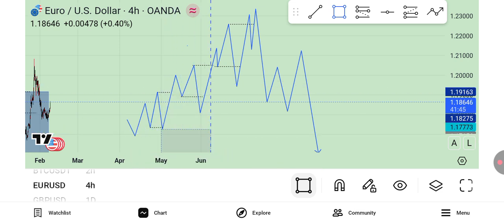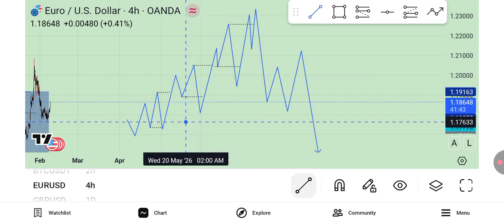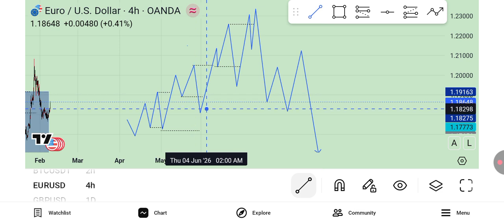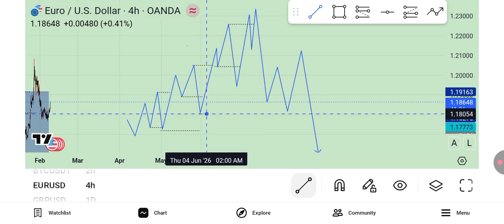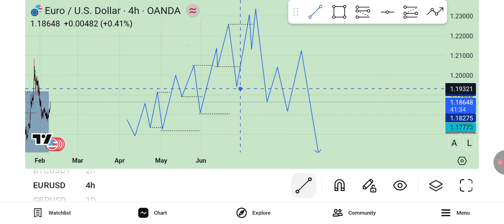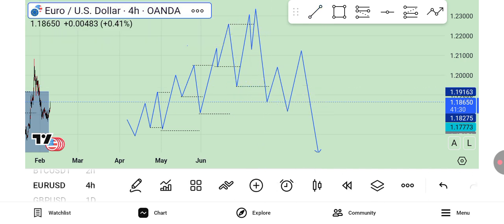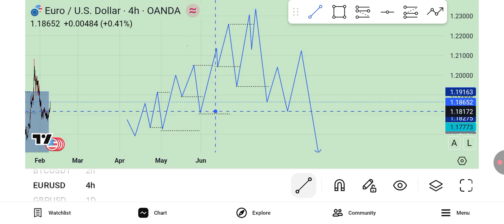So this low is not invalidated, it's still respected. This low is respected. This low is respected. You understand? So look at these two lows, how they have been respected.